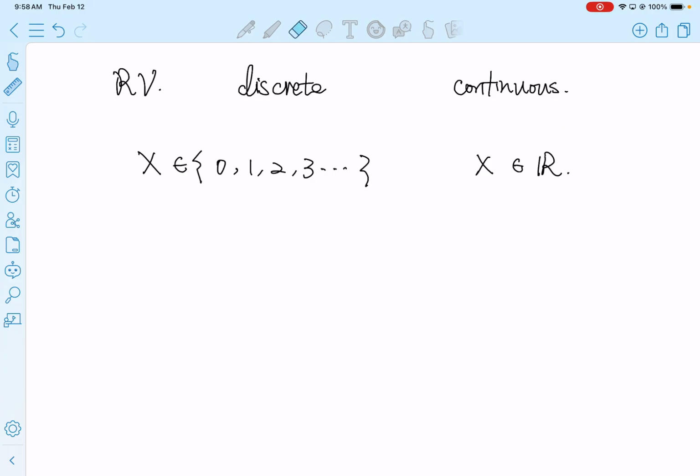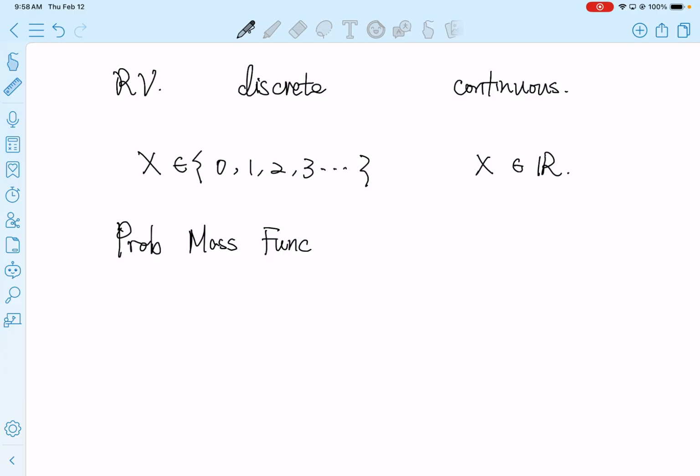And then we talk about their probability mass function and the probability density function. So for the discrete random variable, we use the probability mass function to describe the behavior of the random variable or the distributions of the x's or the random values.